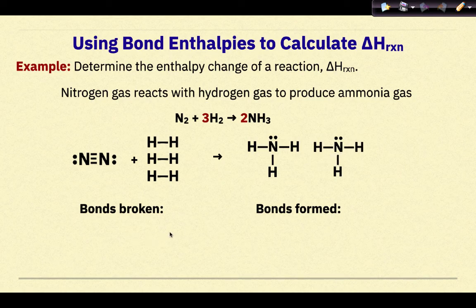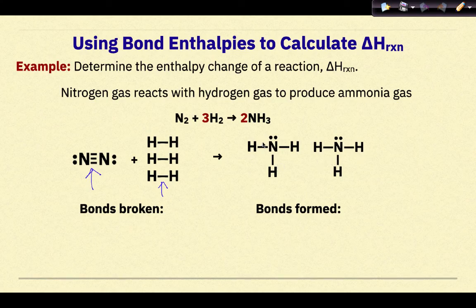So when we talk about bonds being broken, we will need to break this triple bond between the two nitrogens. We will need to break all 3 of these single bonds between the hydrogens. Then when we talk about bonds being formed, we will have to form each of the bonds in both of the ammonia molecules.